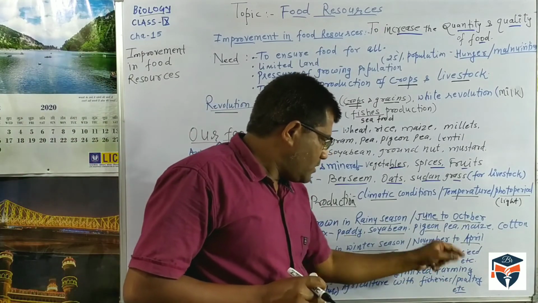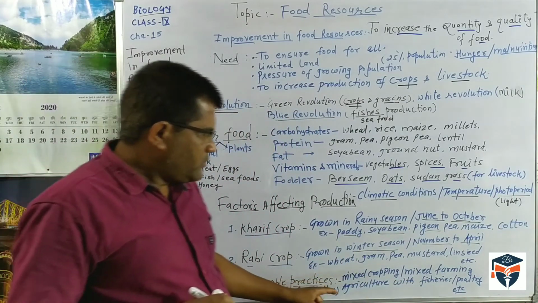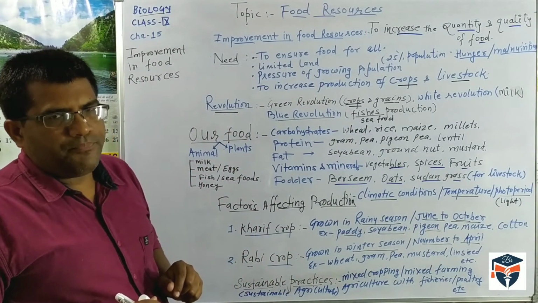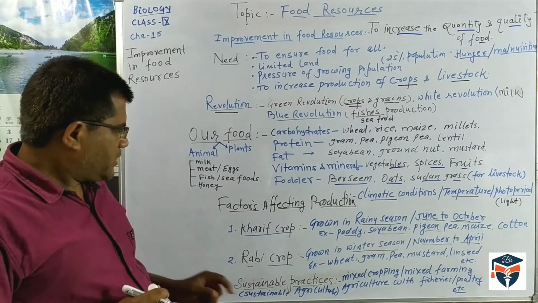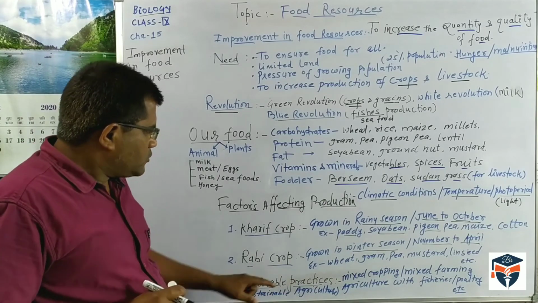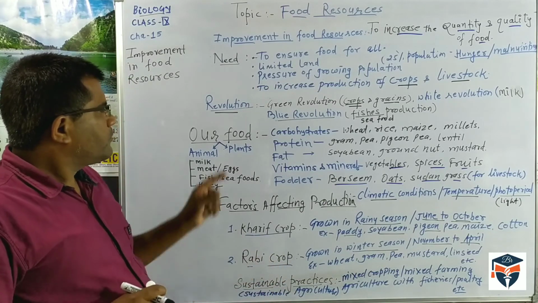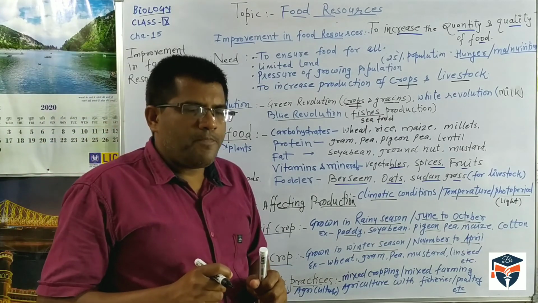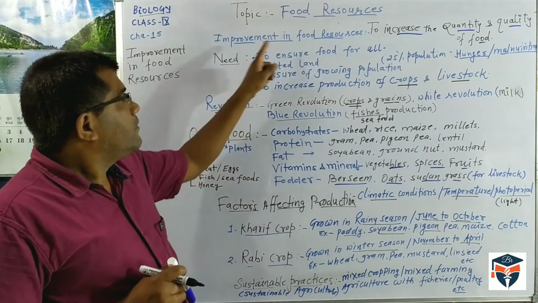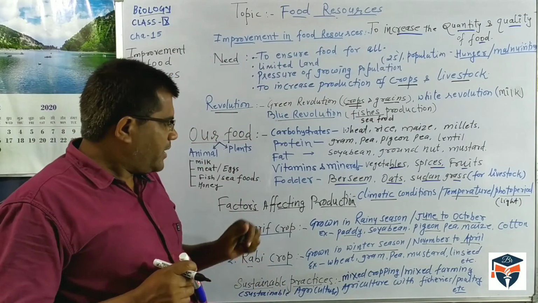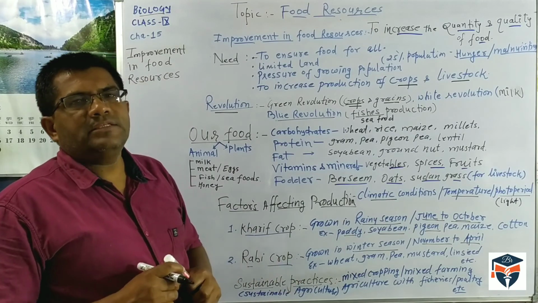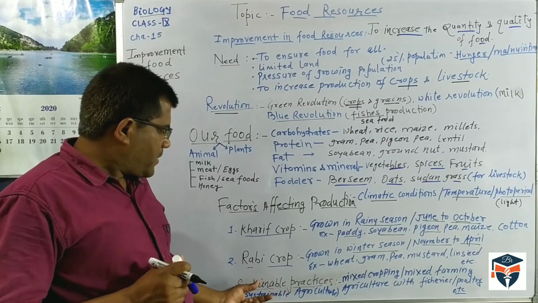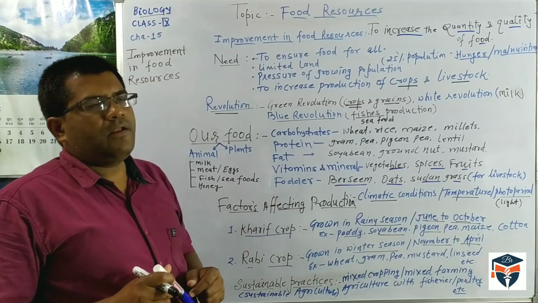If along with agriculture we are also doing fisheries, poultry and beekeeping or other work, that is called sustainable agriculture. Sustainable practices will help us to reduce the pressure on natural resources, and there will be balance in the environment if we use sustainable practices.